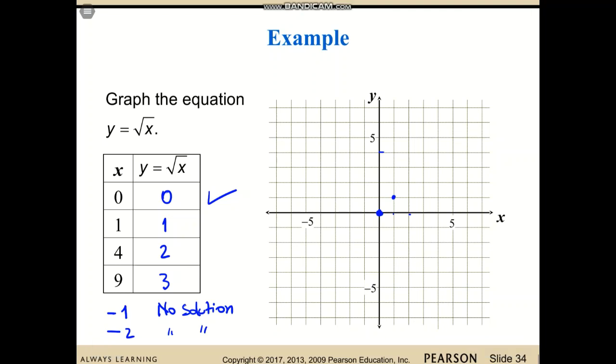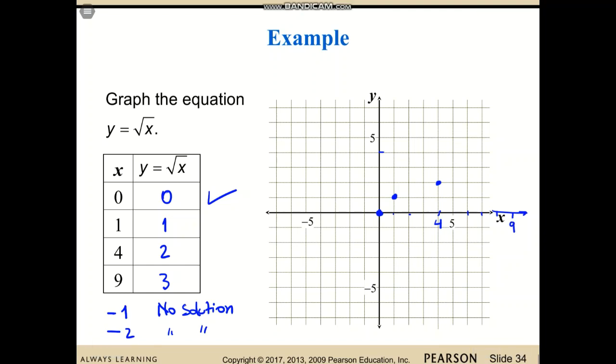X equals 4. 1, 2, 3, 4. And y equals 2. Here. Okay. X equals 9. 5, 6, 7, 8, 9. It's somewhere here. 9.